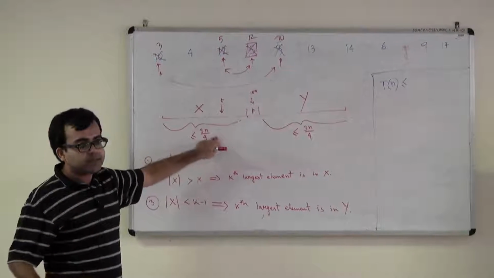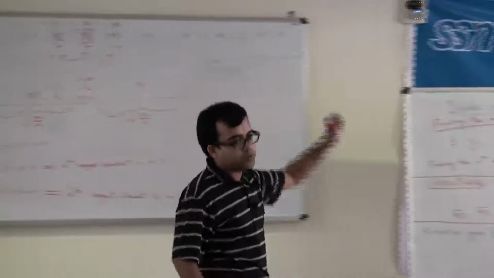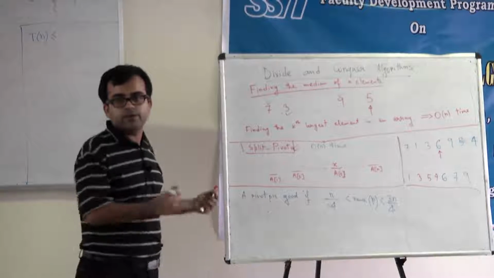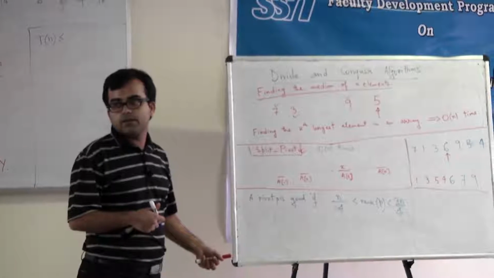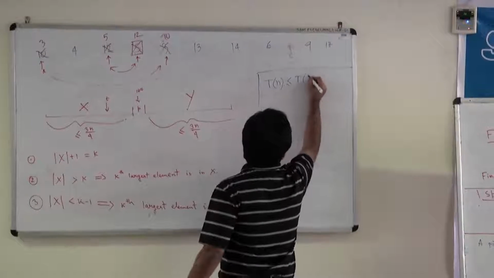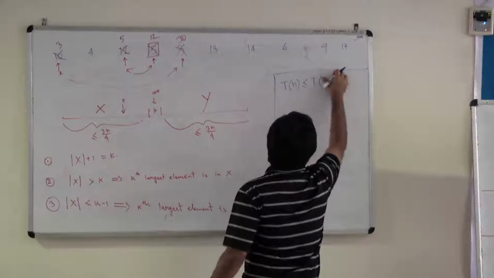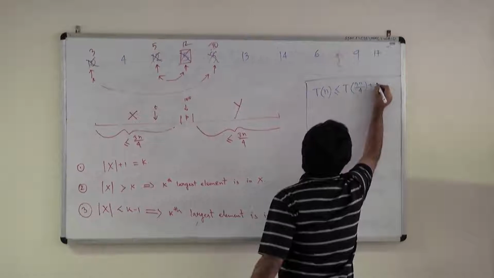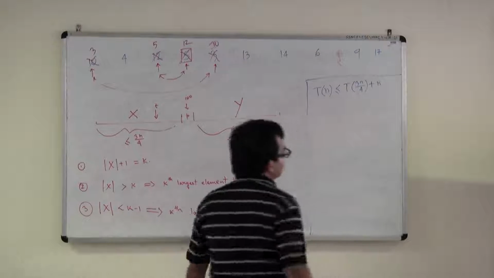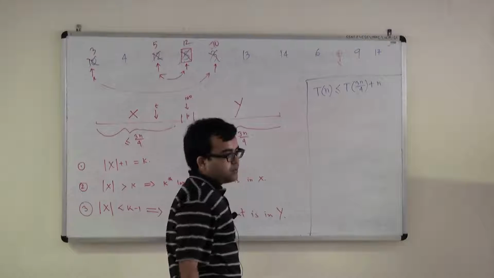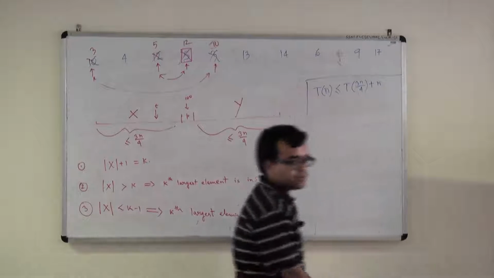Why is it at most 3n by 4? Because the pivot is good. If the pivot was not good, if the pivot was your largest element, what will be the size of this problem? N minus 1. So then you are just branching into a smaller subproblem whose size is roughly 3n by 4. And then you are spending this n time. What is this n time for? This is for the split pivot operation.